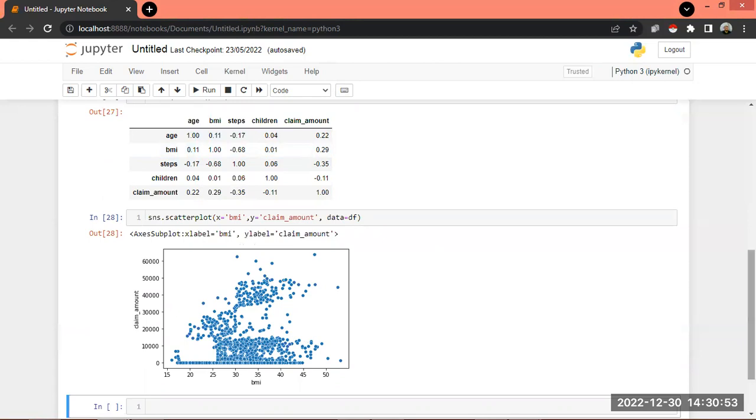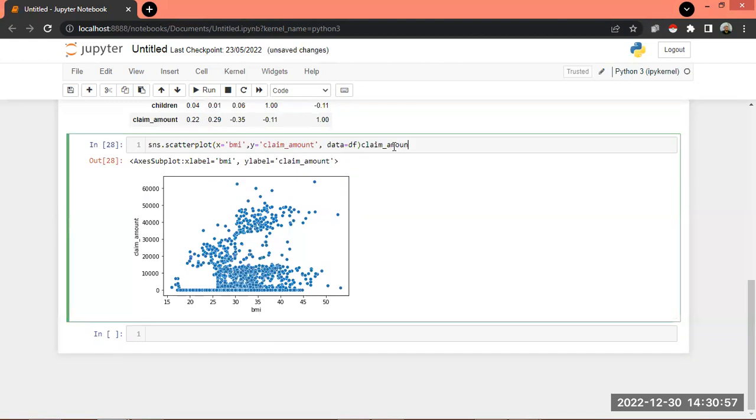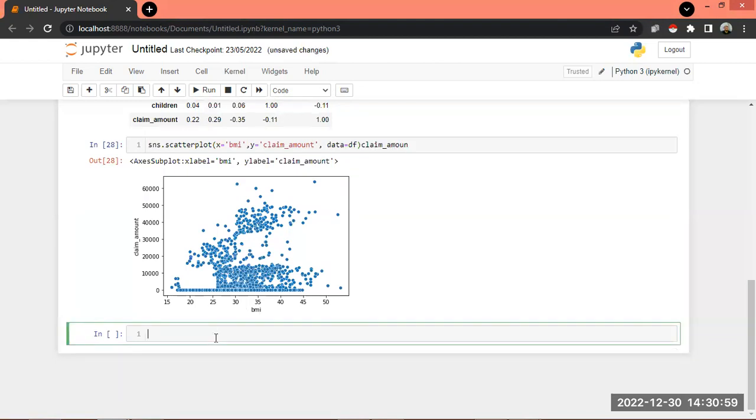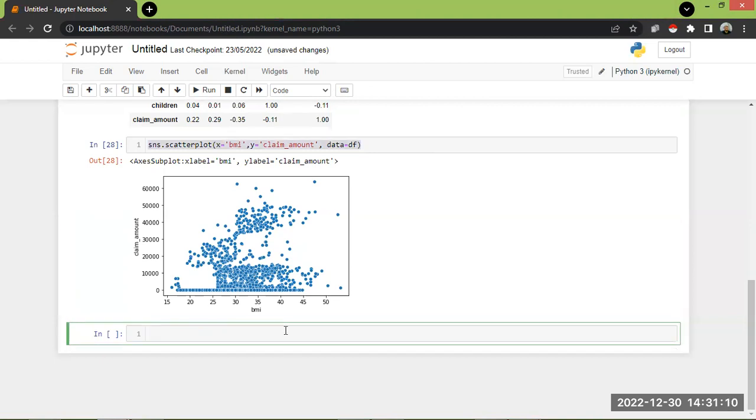I can prove that to you by maybe plotting BMI against itself. So I want to show you what it means to have a good linear relationship.